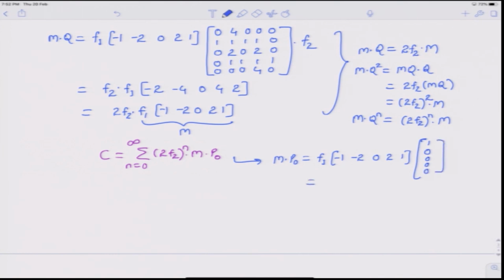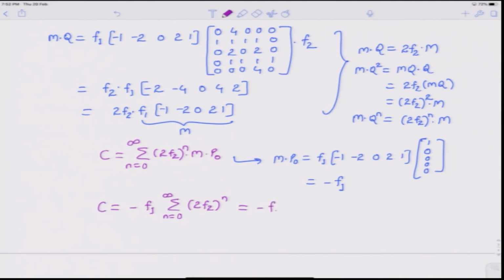This should be equal to minus F1, and so C becomes minus F1 times 2 F2 to the power n. N varies from 0 to infinity, and this summation we can write approximately as 1 over 1 minus 2 F2.